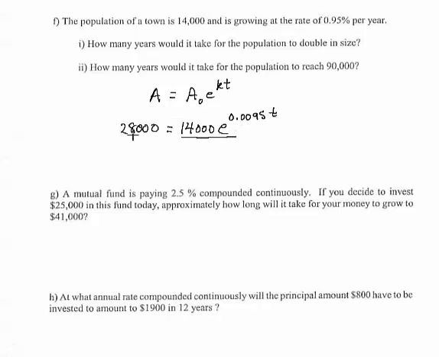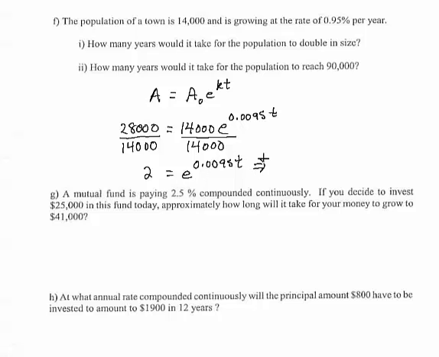The 28,000 was just simply 14,000 doubled. So once we divide both sides by 14,000, we just get a 2 on the left hand side for double. And here is the form of this equation that fits the type 2 that we were shown above exactly.